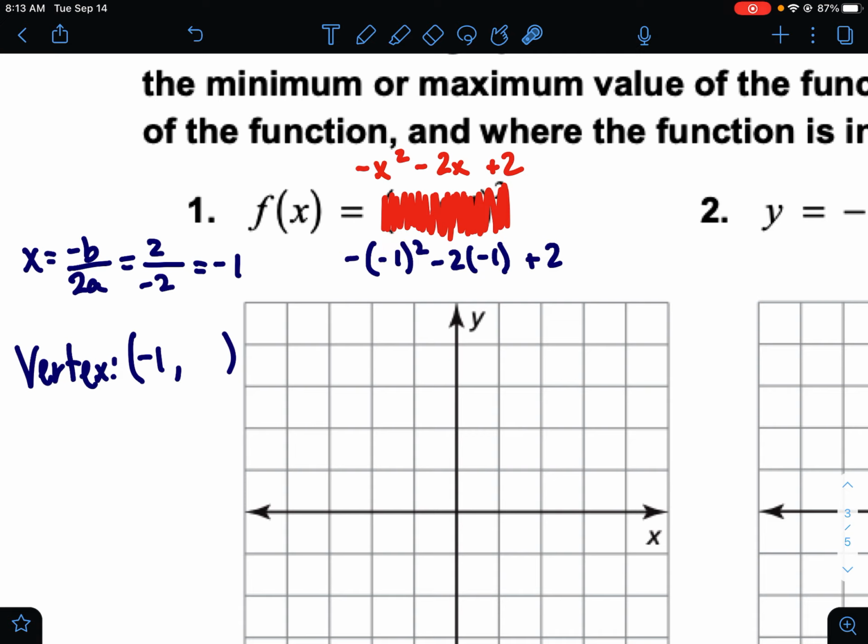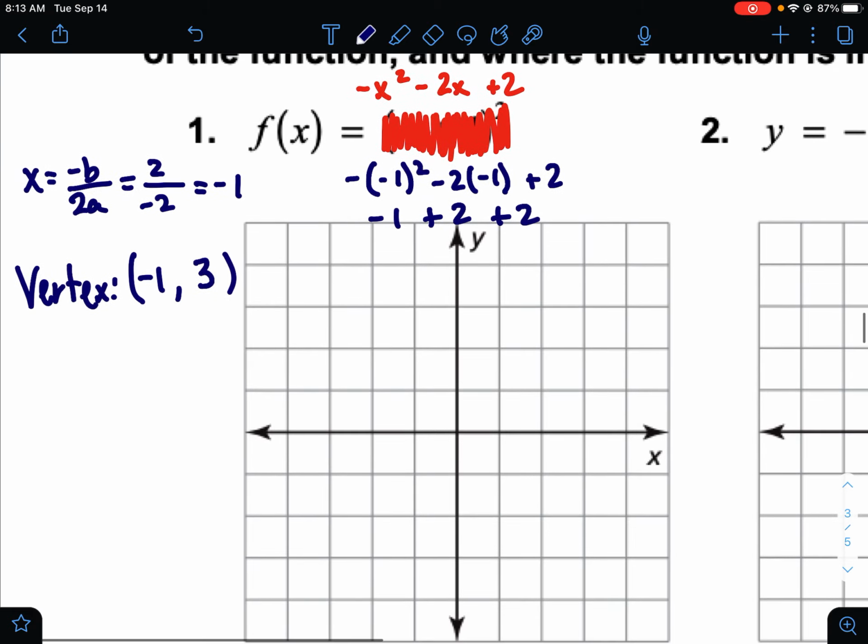I do need to square this first. -1 squared is 1. Then the negative gets tacked on, so it's back to -1. -2 times -1 is +2, and +2. -1 plus 2 is 3. So now I have my vertex, -1, 3. And so there it is, -1, 3, there's my vertex.